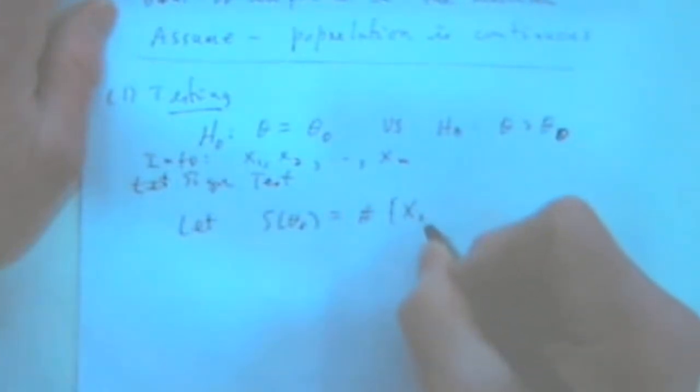Then our statistic of interest is just, this is a sign test. That S is theta naught. There's a number of observations in our sample. Again, we have information. Which exceed theta naught.